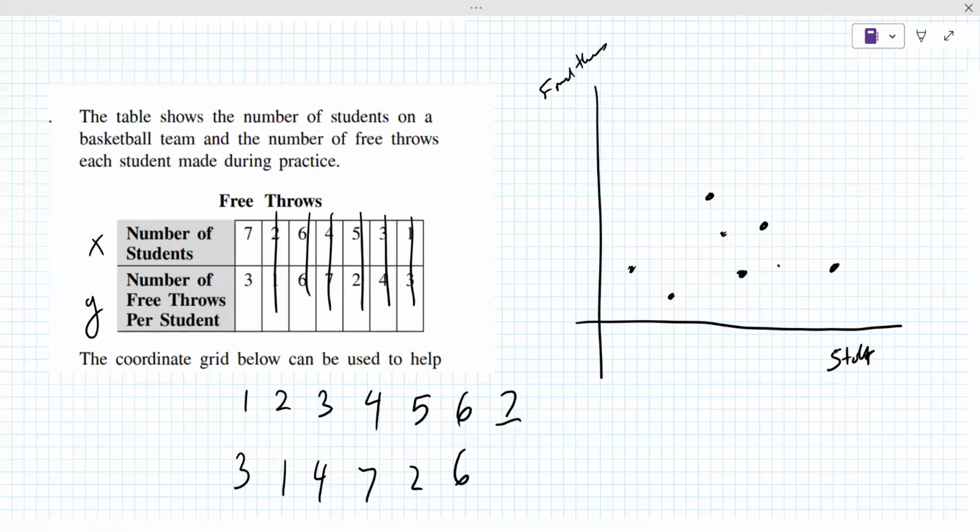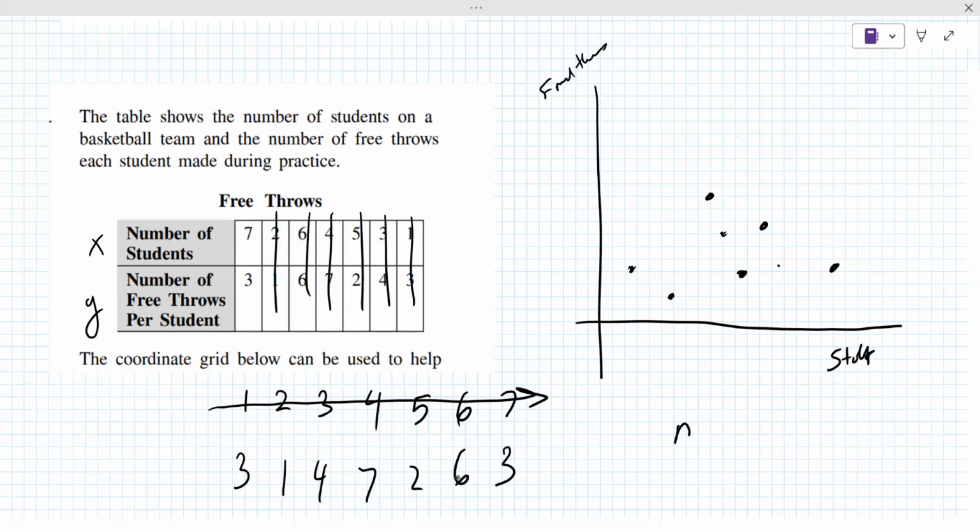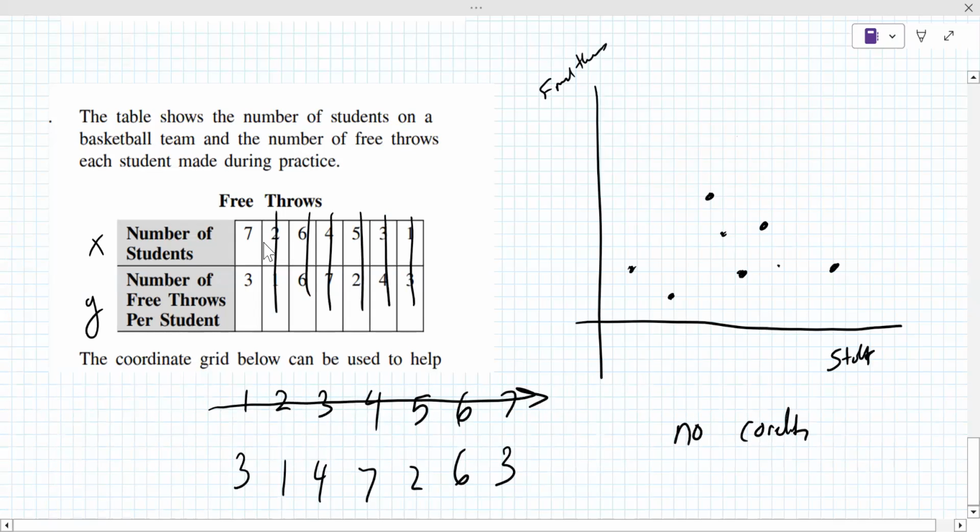Now the reason you do this is because you can see, as this one goes up, do you see a trend of this one going up? No. No, I don't, and I don't either. I see it sort of goes up and then down. So I'd probably go no correlation.